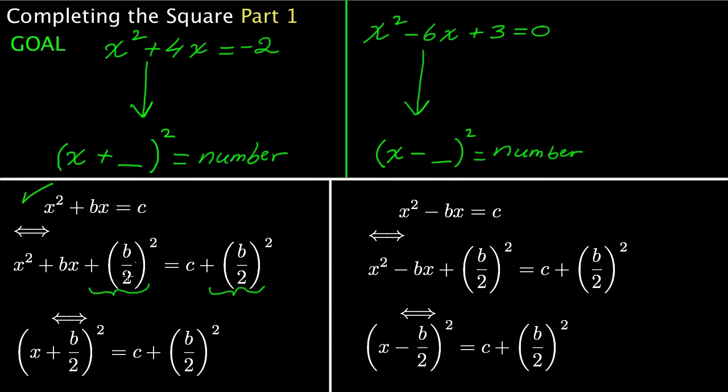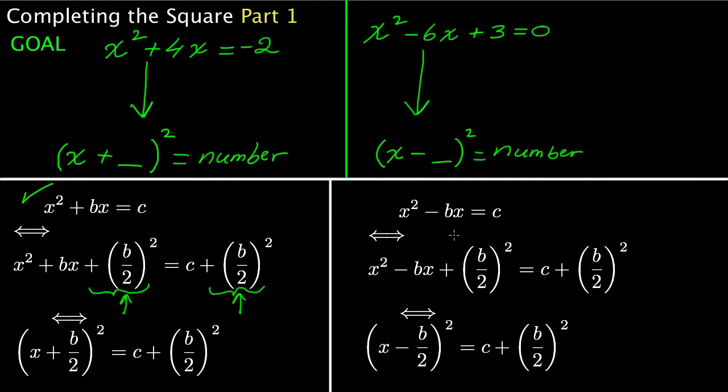So the left-hand side, once we add this quantity, ends up being x plus b over 2 all squared equals some number. And so our goal is to identify this number to add on both sides of the equation, because then we're guaranteed that the left-hand side will be a perfect square.